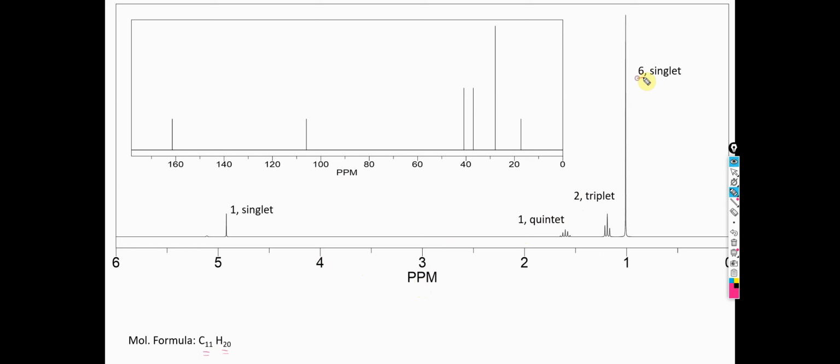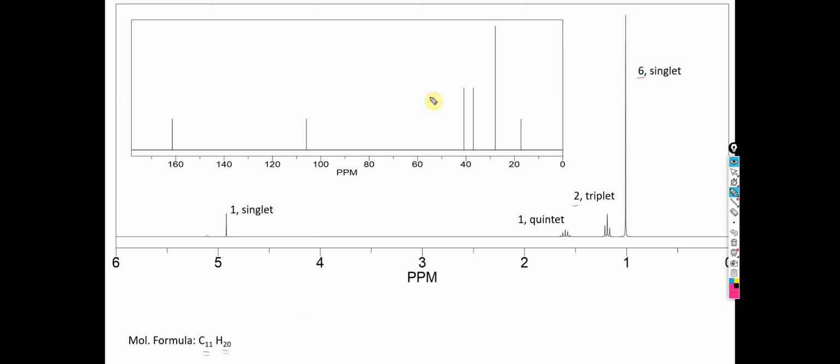And here you have 6 plus 2 plus 1 plus 1. You have only 10 hydrogens here. What that tells you is this molecule is symmetric, and you are going to have to find the one half structure, which is obviously going to help you understand what the other half is. Okay, so that's that. And also C13 NMR is also going to be useful.